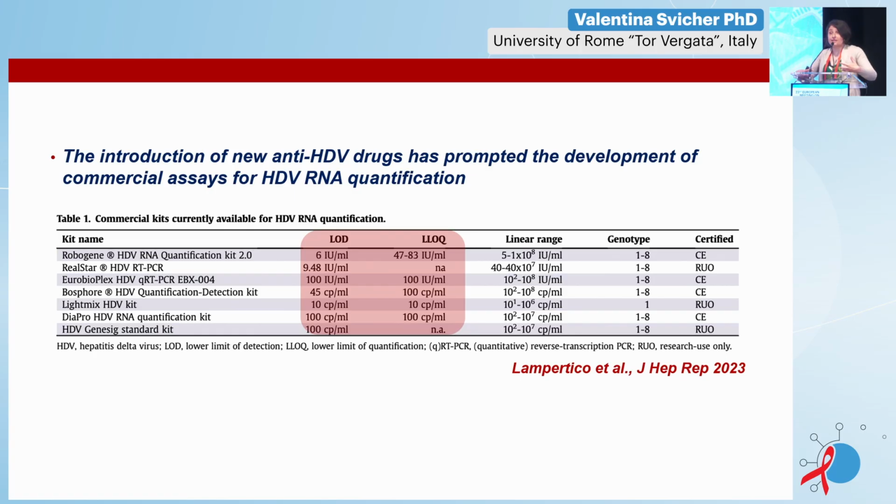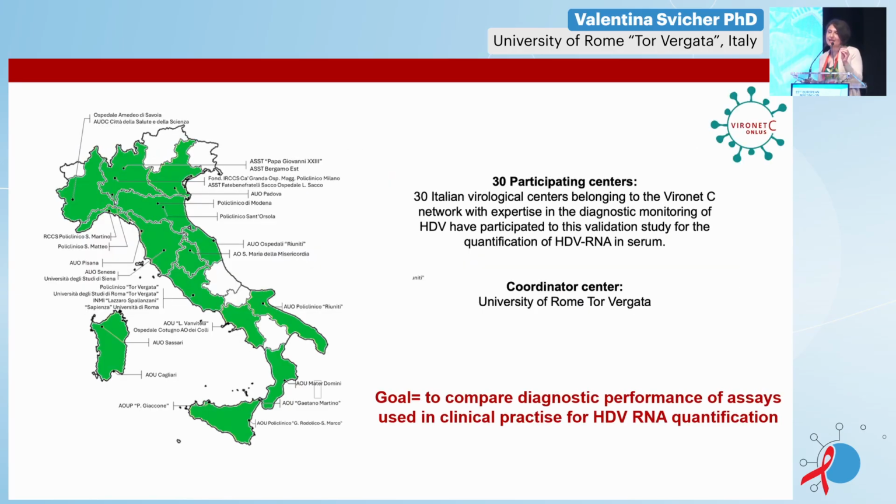And indeed, the introduction of bulevirtide has prompted the development of several assays for HDV RNA quantification, characterized by different diagnostic performances and in particular sensitivity. And regarding sensitivity, I would like to briefly draw your attention to the results of our multi-center study.